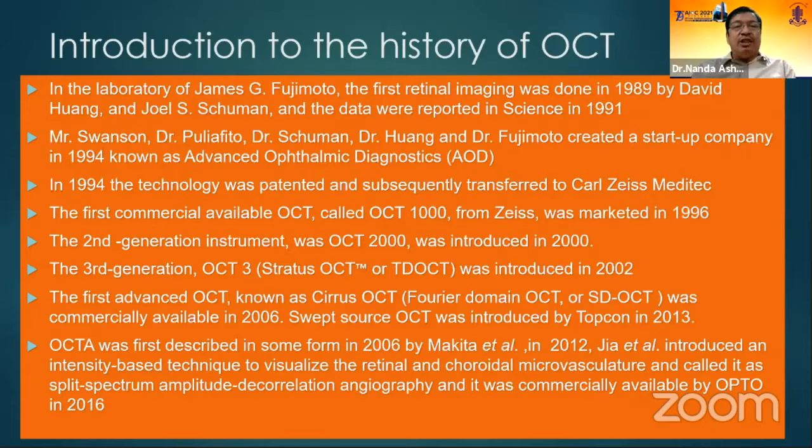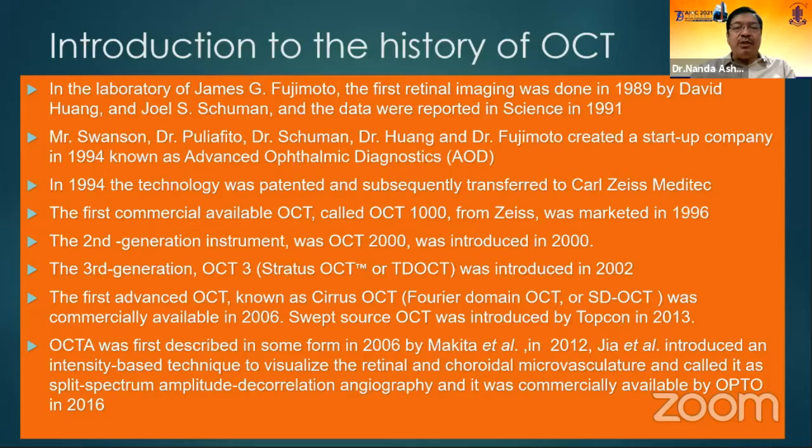Subsequently, the doctors formed a company called Advanced Ophthalmic Diagnostics, and in 1994, they patented the technology and subsequently transferred it to Carl Zeiss Meditech. The first commercially available OCT was OCT 1000, which was marketed in 1996.